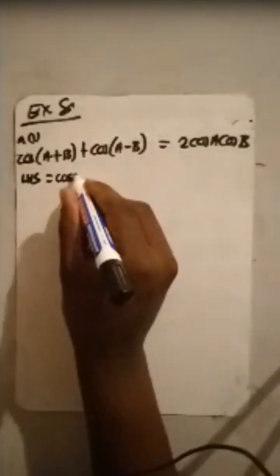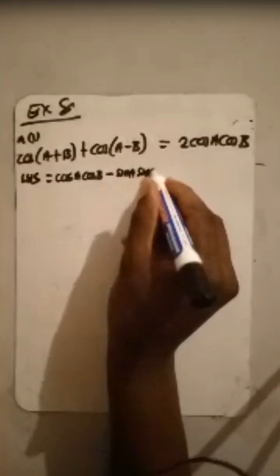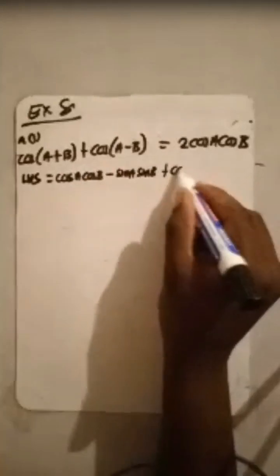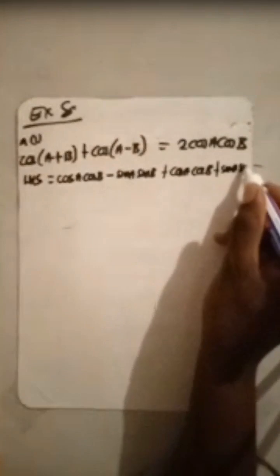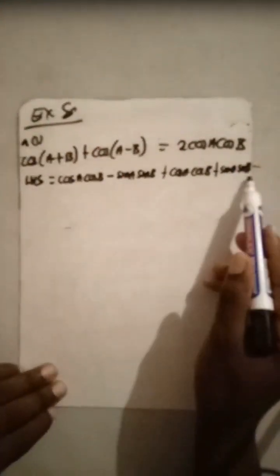It is cos A cos B, then remember that this one changes to minus sine A sine B. Then we have plus cos A cos B, and this one changes to plus sine A sine B.